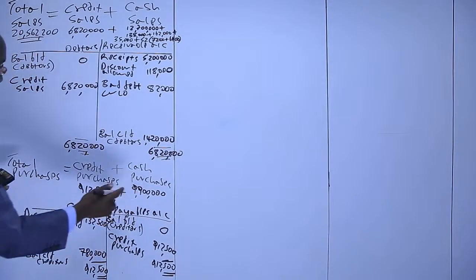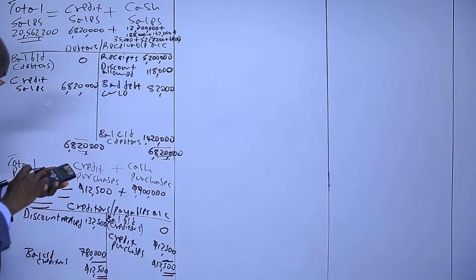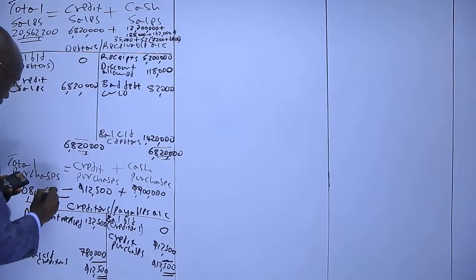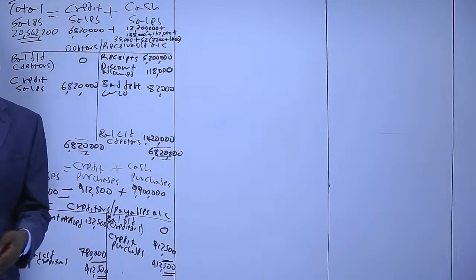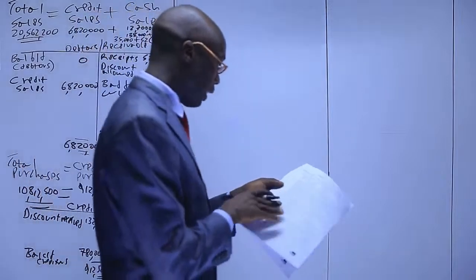And then now we add the cash purchase. So plus 9,900, which gives us 10,812,500. There. With that one now we can prepare the statement of determining the taxable income.